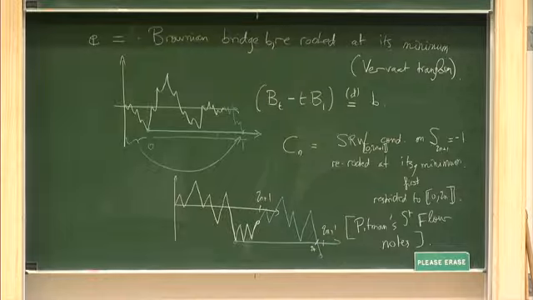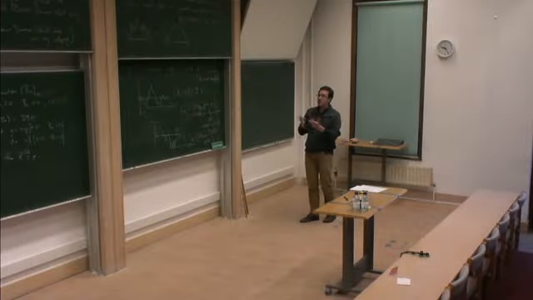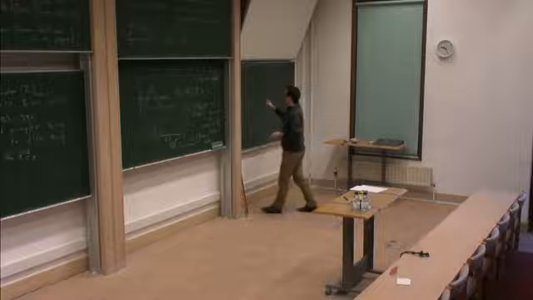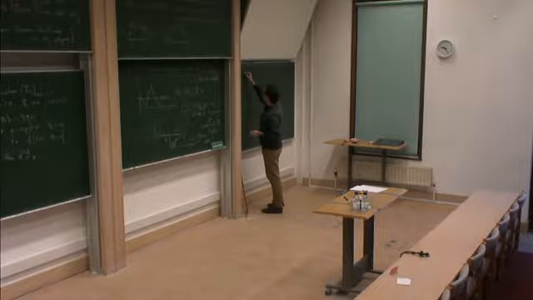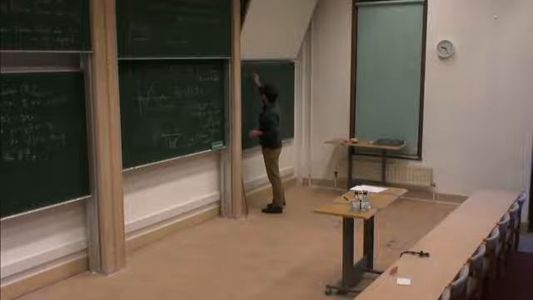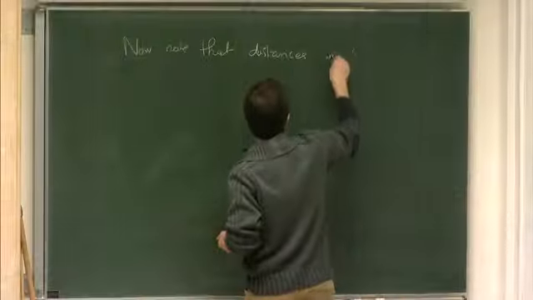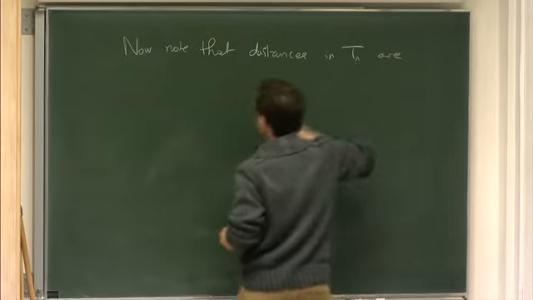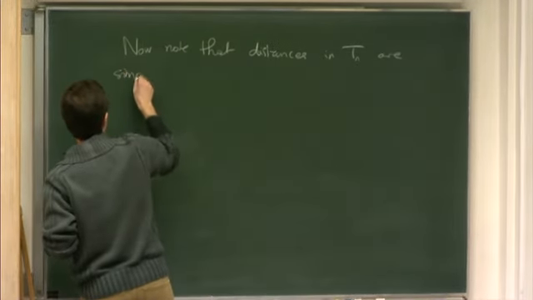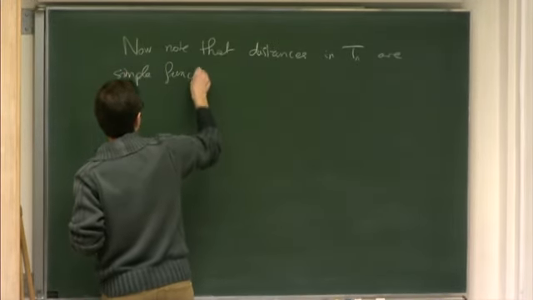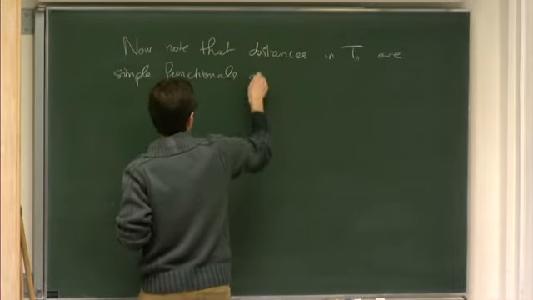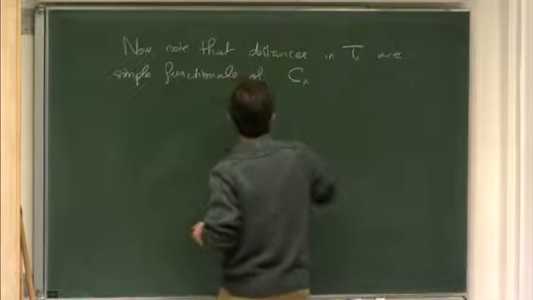And now let's look at what it implies at the level of trees. So now note that distances in Tn are simple functionals of Cn.